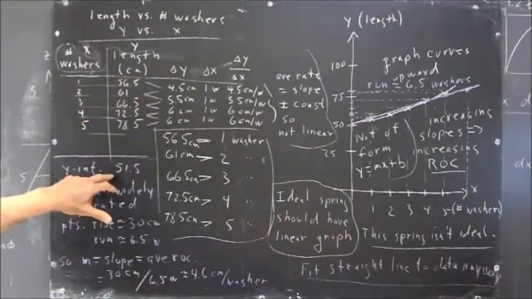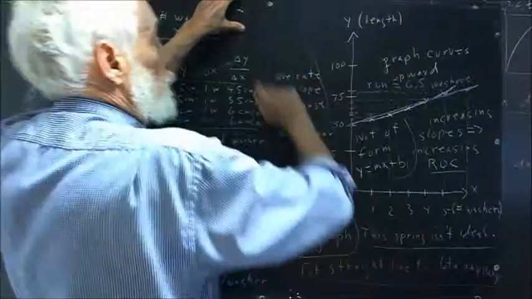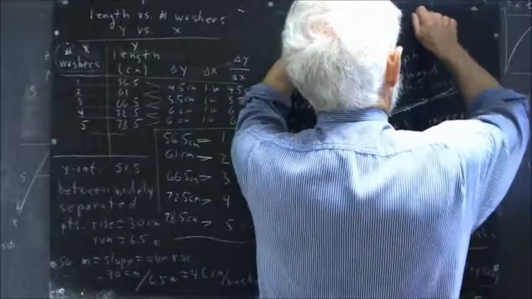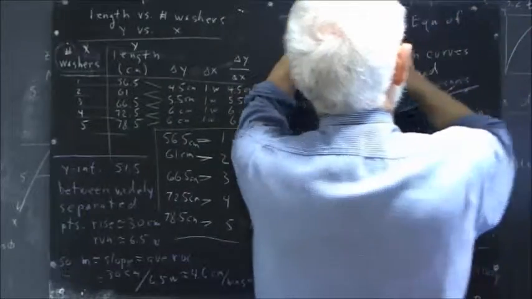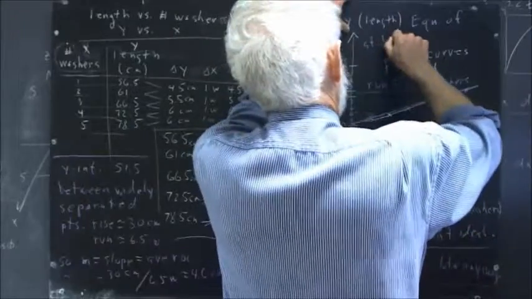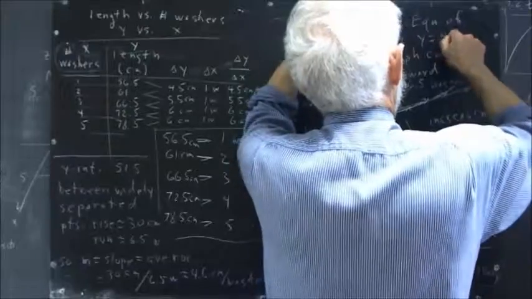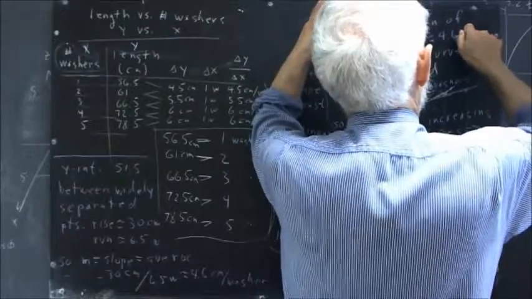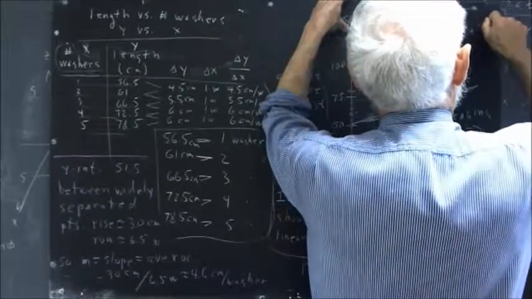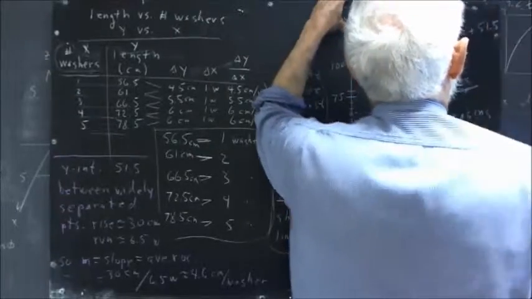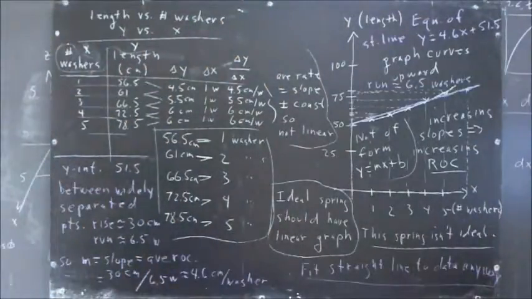Well, we know the y-intercept, we know the slope, so the equation of the straight line would be y equals 4.6x plus 51.5. And that would give us our linear function.